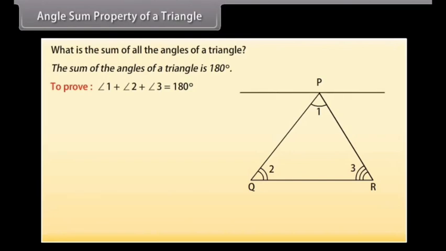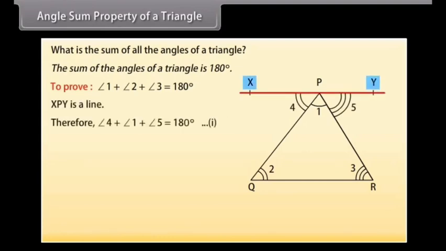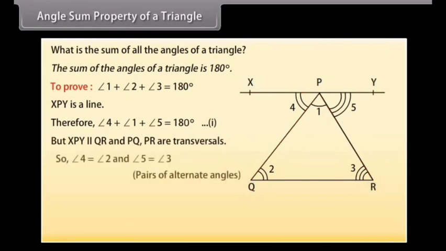Let us draw a line XPY parallel to QR, opposite to vertex P. Now XPY is a line. Therefore, angle 4 plus angle 1 plus angle 5 is equal to 180 degrees. Mark it as 1. Now XPY is parallel to QR and PQ, PR are transversals.